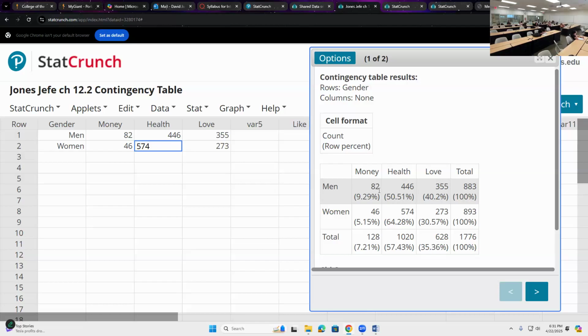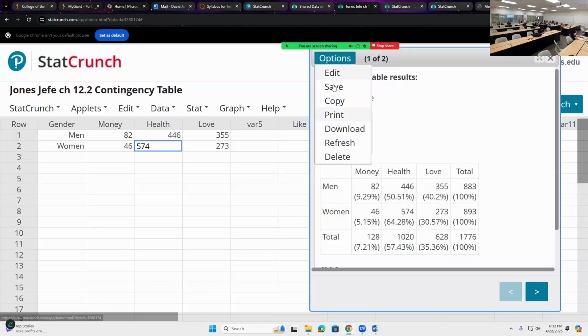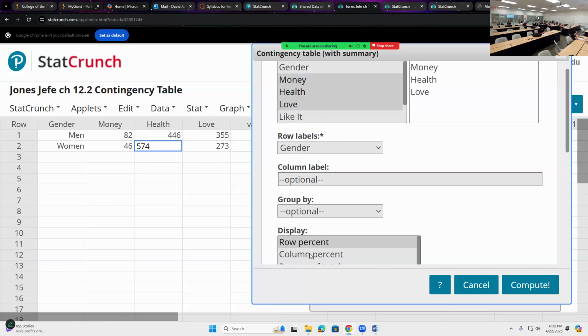Women, 5% of women wanted money, 64% of women wanted health, and only 30.6% wanted love. Which means all the stuff they do on TV is absolute bullshit. All the TV shows, like the romance shows, are often advertised for women, and they're not. Guys want love more than women do. Right? Weird, kind of interesting. Then if you do the column percents.